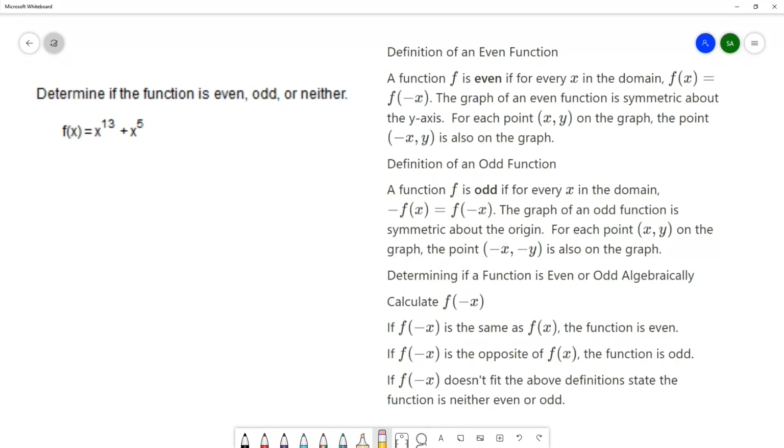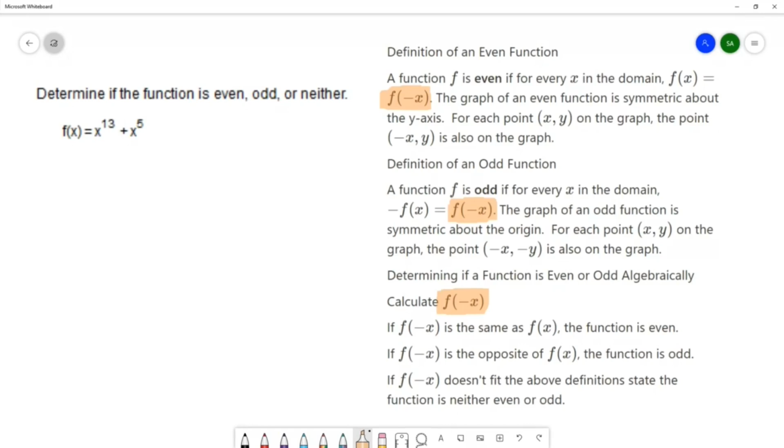So I have a process down here that we can go through in order to see which pattern fits. We're going to determine if a function is even or odd algebraically from the equation. What you notice is that both definitions involve f of negative x. So we are going to calculate f of negative x.